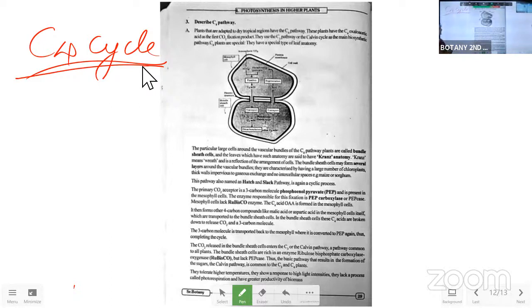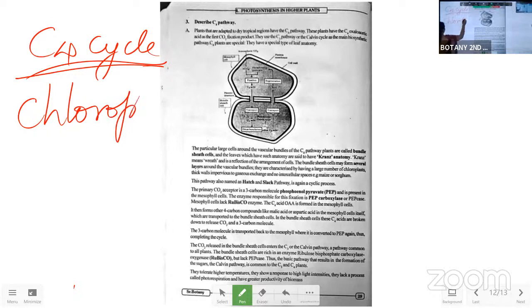Now comes the characteristic features of the cycle. This C4 cycle occurs in the mesophyll cells of the leaf, which have chloroplast dimorphism.